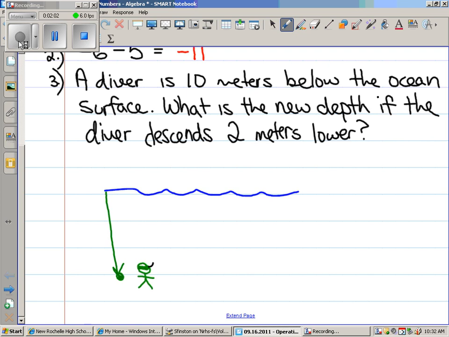Let's give him a snorkel too, because he's down below. There you go. That's my diver. What would you say this is? He's down 10 meters. So do I write 10? Yeah, we're going to write negative 10. Very nice. A lot of people won't even know where to start on the word problem, and drawing a picture like this is so much better than just putting a question mark.